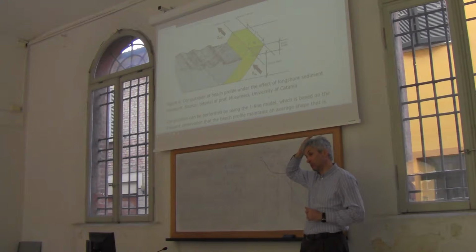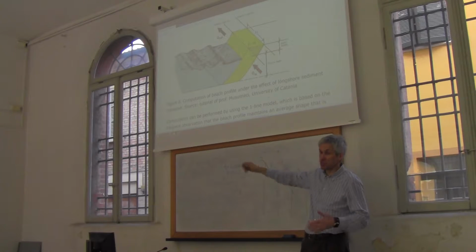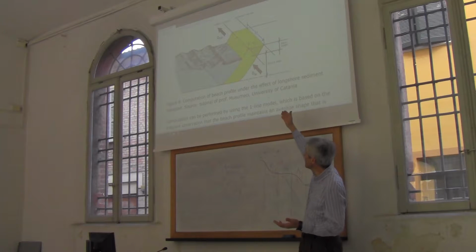It's very easy to compute. If you make the assumption, for instance, that the slope of the beach is a straight line, this becomes basically a triangle or a rectangle, given by the product of closure depth times delta c.